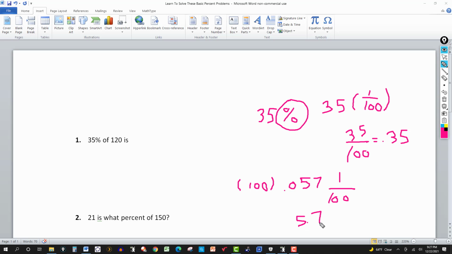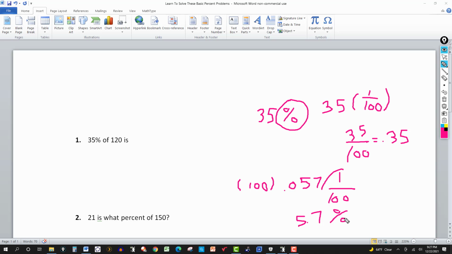It moves the decimal over 2 places, and then this 1 over 100, I can use as my percent sign. So it becomes 5.7%.